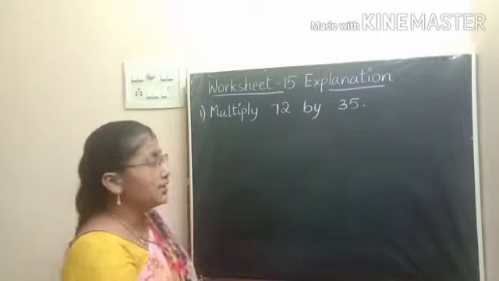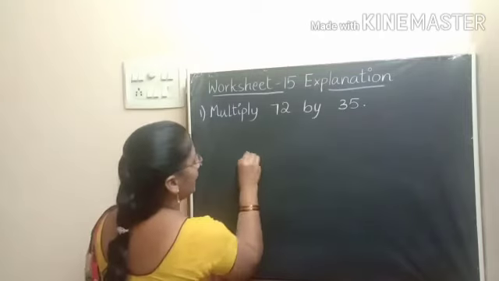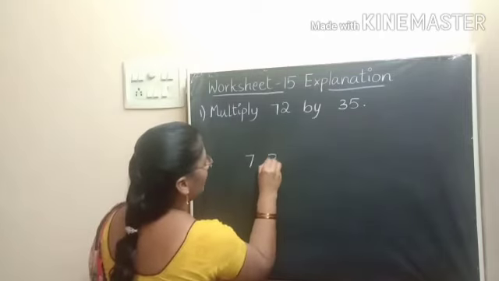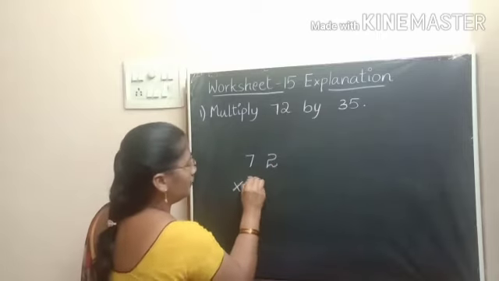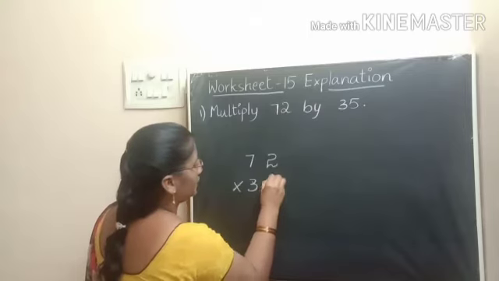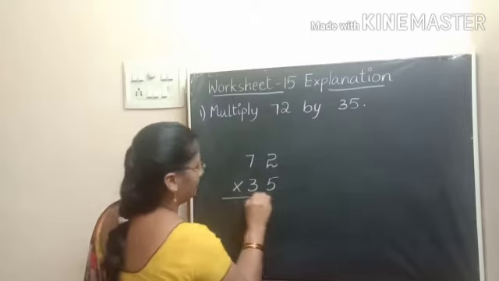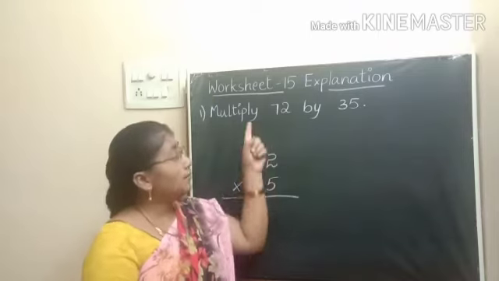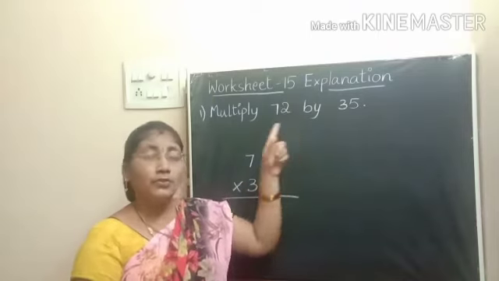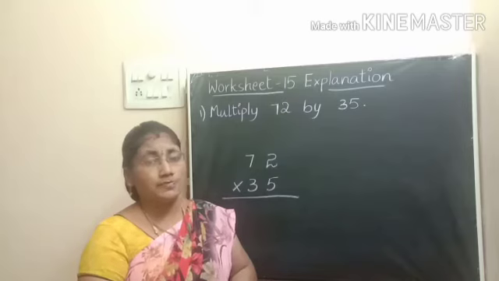Let us write these numbers. First write 72 into 35. Here both in multiplicand and multiplier we have 2 digits.